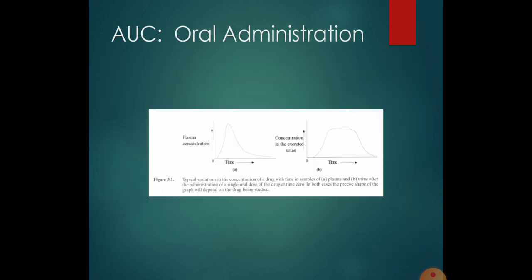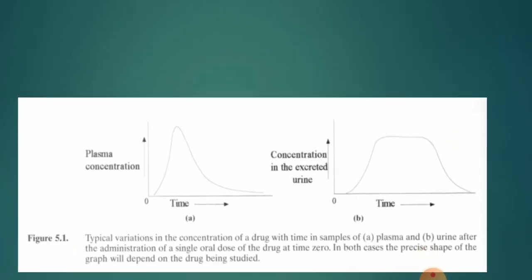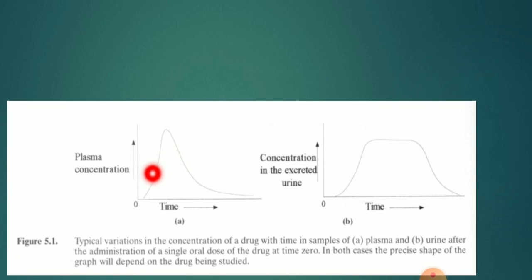While if you see this one, here the drug is prescribed either via oral route or subcutaneous route or intramuscular route, and the initial part is absorption and distribution, and then it is followed by elimination. One of the important parts of this elimination is excretion. Now the part which is coming under this curve is also known as area under the curve.